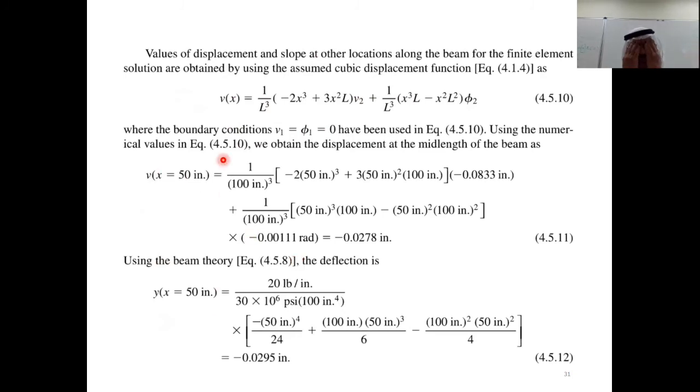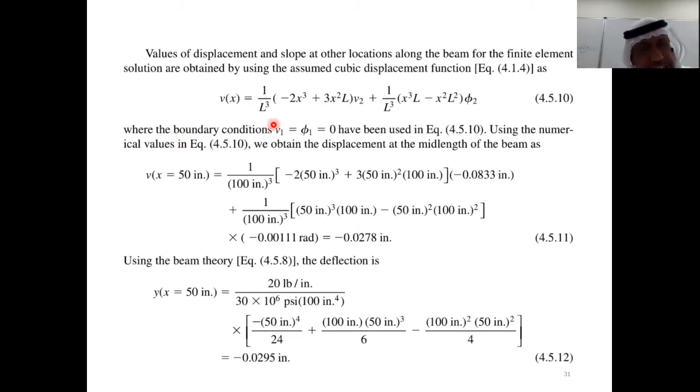So did we understand it or not? Not exactly. This equation is what? Where is V1? Where is Phi1? V1 is 0, Phi1 is 0, because it's the left support. The right support then will be N3, right? And this is N4. Okay, then.